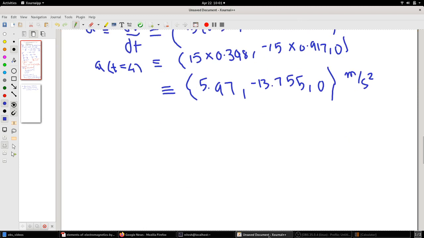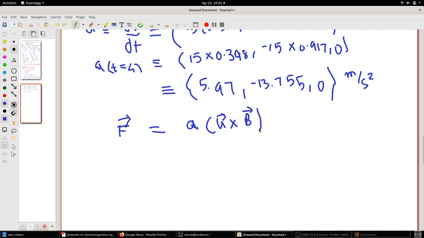Okay, I can go both ways. Force I know is equal to force. I can use either Q into U cross B, so that's like U cross B I had got as equal to this value, right?